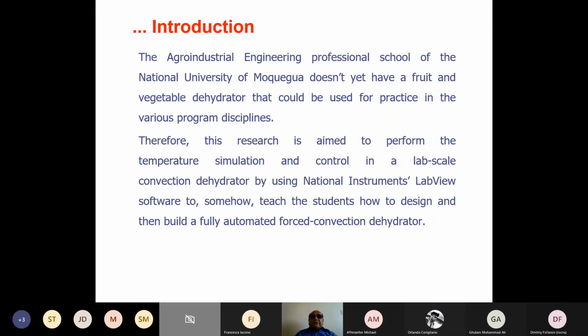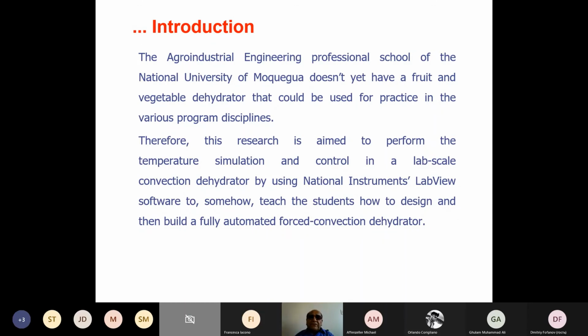The Industrial Engineering Professional School of the National University of Moquegua doesn't have a fruit and vegetable dehydrator that could be used for practices in the various programs and disciplines.